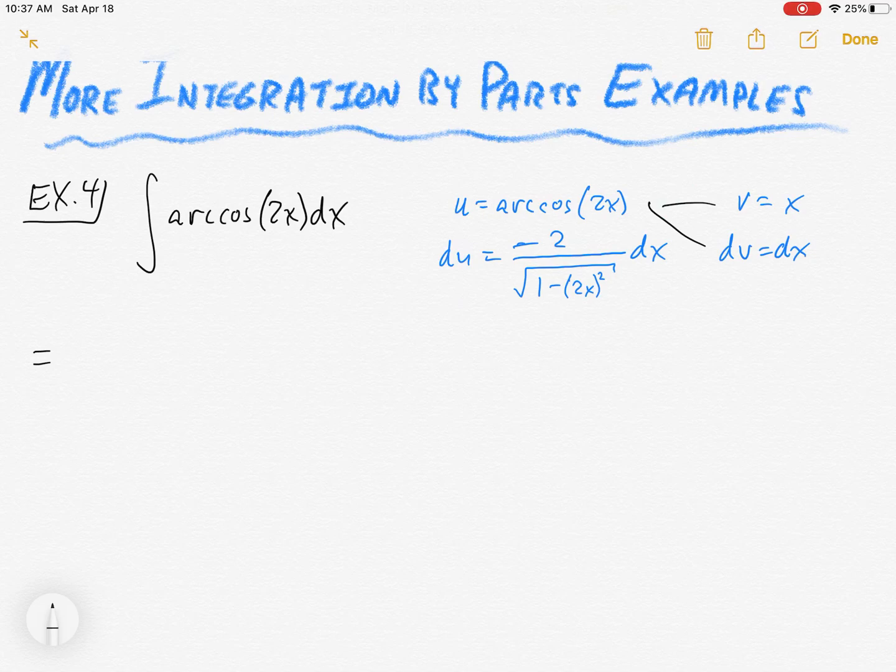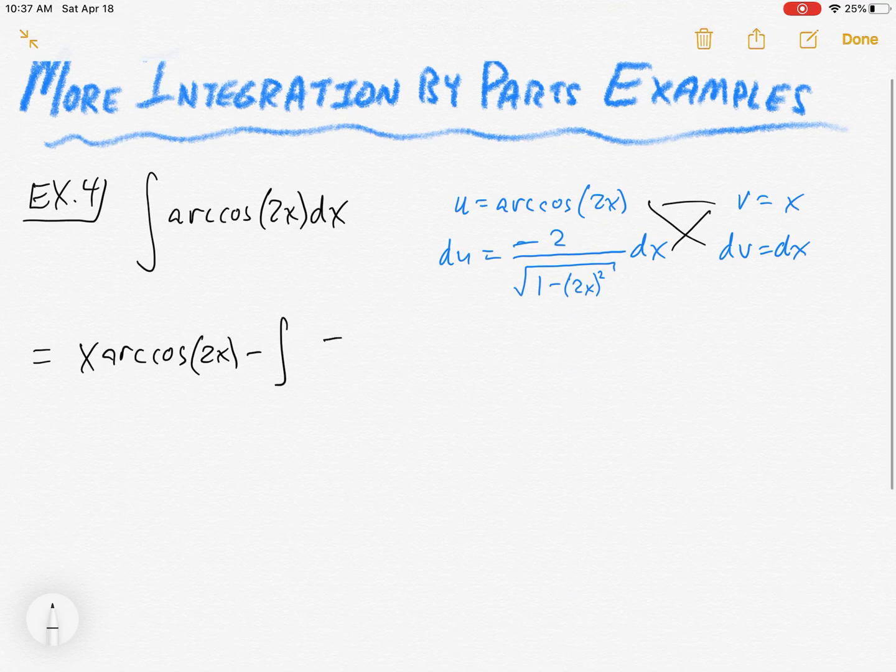So is this going to really help us? Let's see. So if we go back, plug in, so we did that part, now we do this part, and usually your v du is your mess, and you kind of dump all the junk here that you really couldn't integrate. So this does become a product.